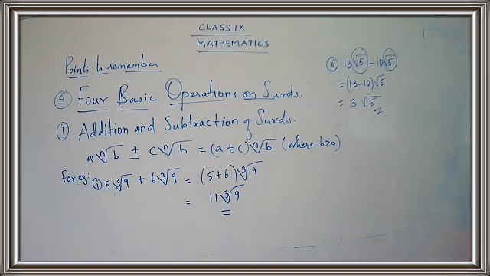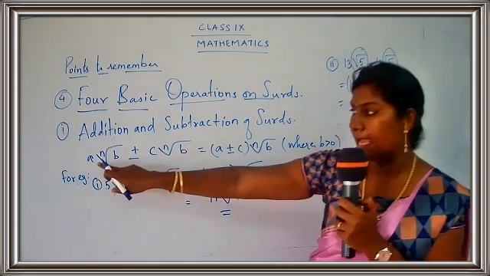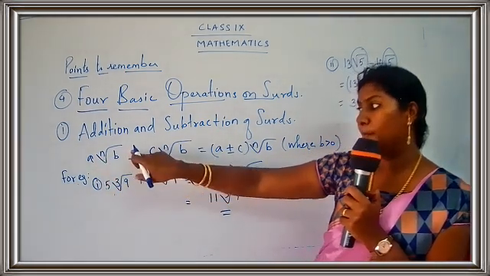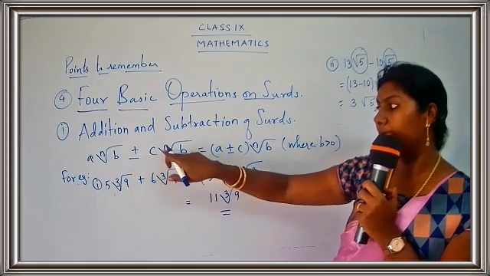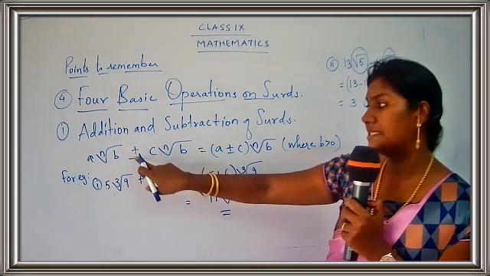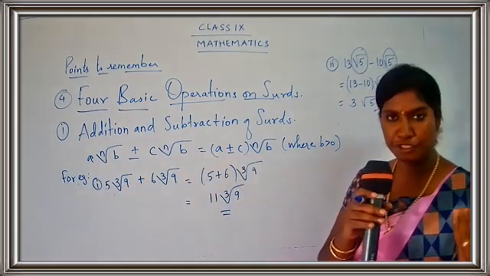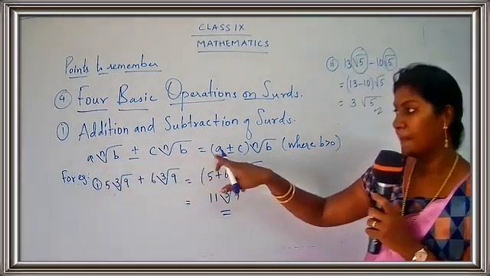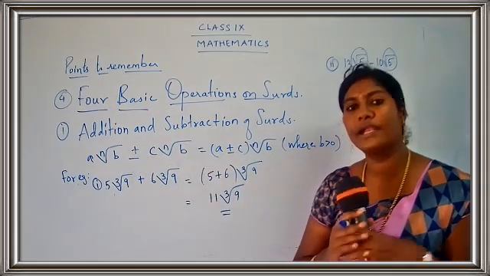Are you clear with the addition and subtraction, children? So what is the rule that you have to follow for addition? A nth root b plus minus c nth root b is equal to a plus minus c. You have to take the coefficient. So what is the coefficient? A, and you can take the plus sign also or you can take the minus sign also.